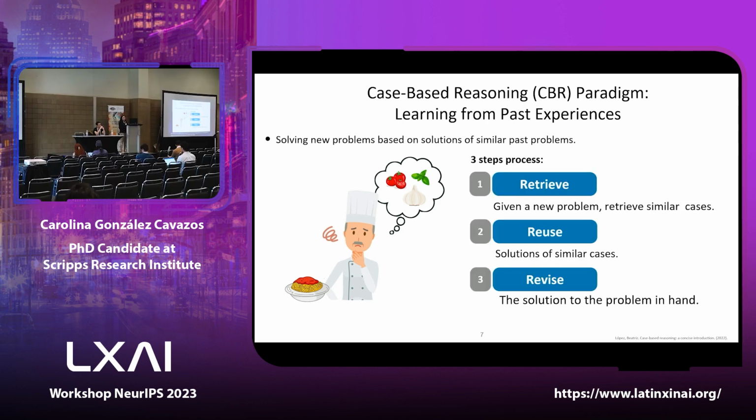We can basically define case-based reasoning in 3 steps. First, given a problem, we need to retrieve similar cases. Once we have the similar cases, we reuse those solutions for our problem. Finally, sometimes those solutions might not be very helpful for our problem, and so we need to revise them to make sure that those solutions were helpful.